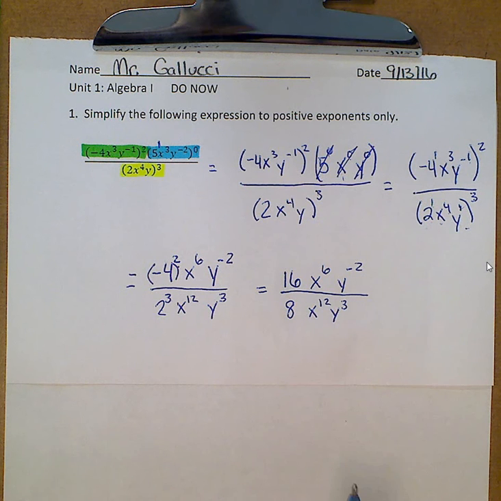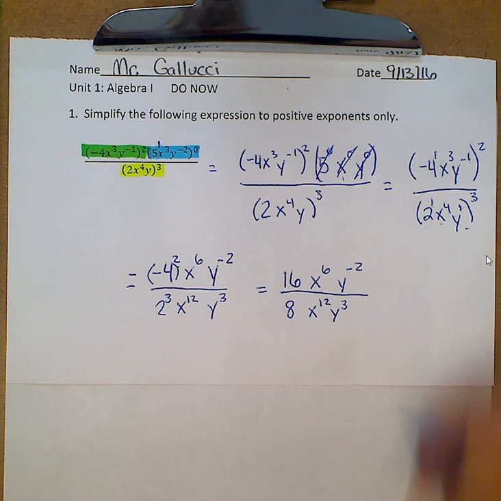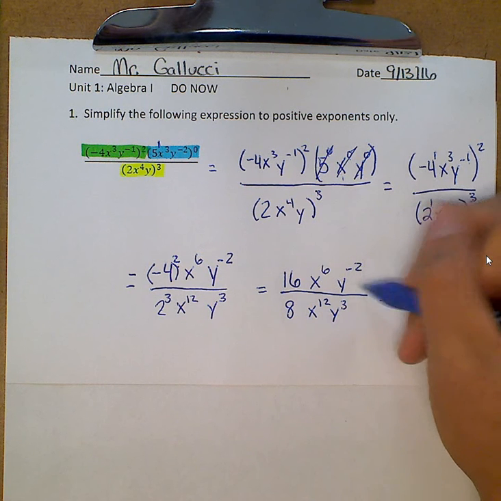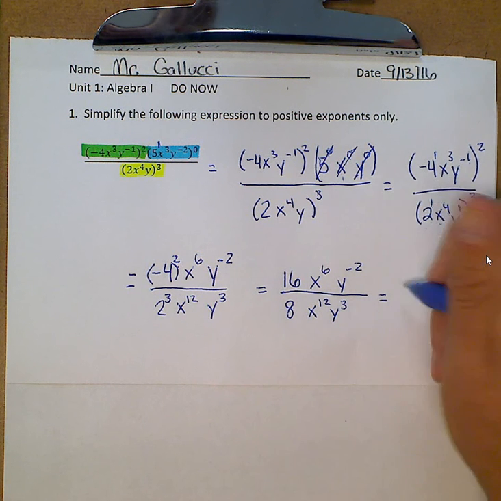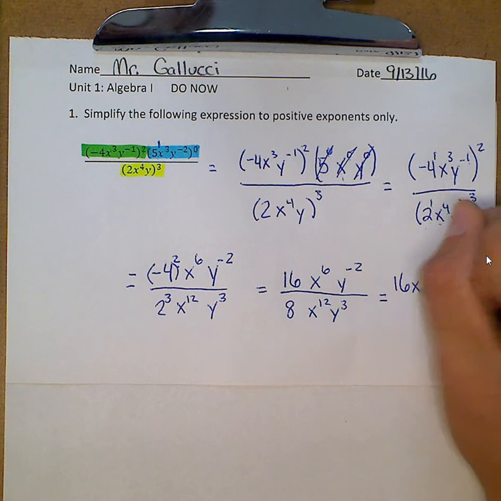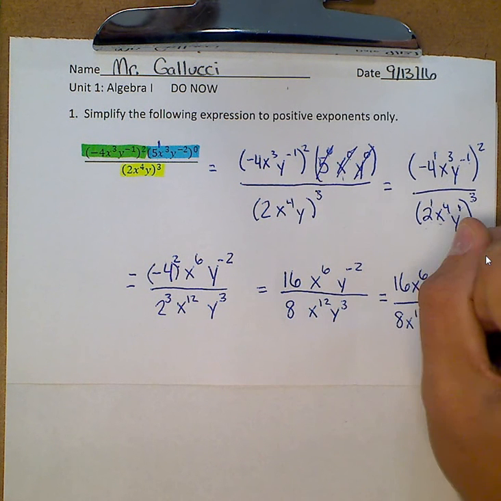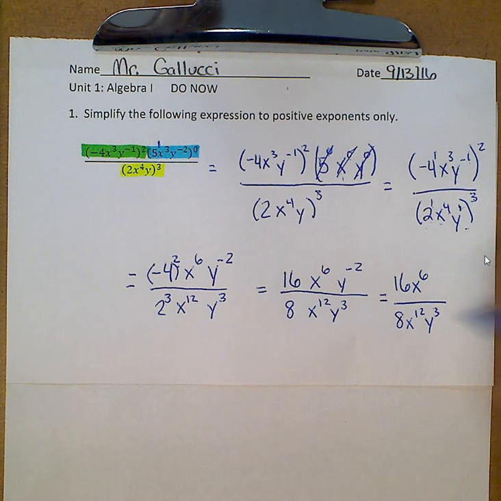And remembering what a negative exponent does, we use the word reciprocal to indicate that it's going to move from the top, or the numerator, down to the denominator. I'm going to put that right at the end here. Y squared, because it becomes positive in the denominator.